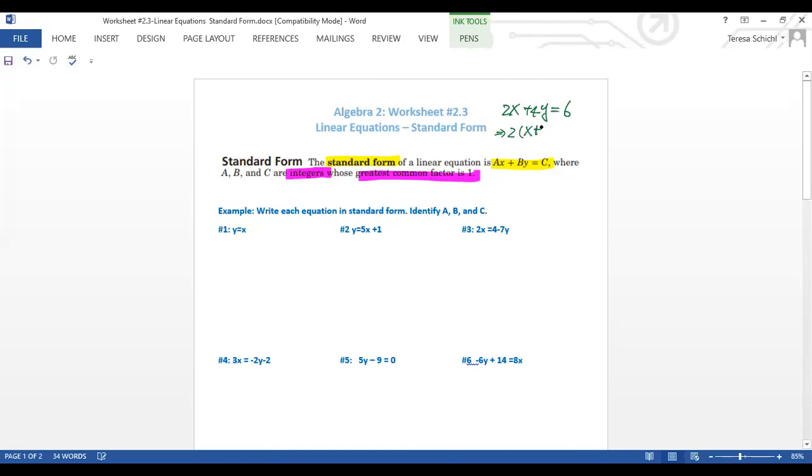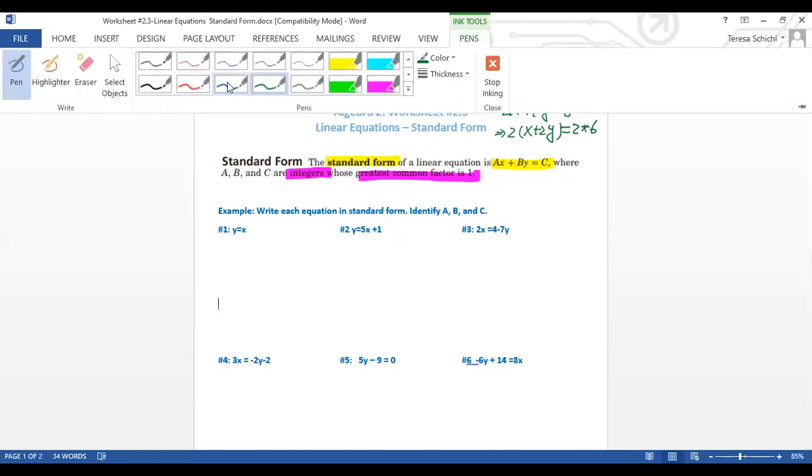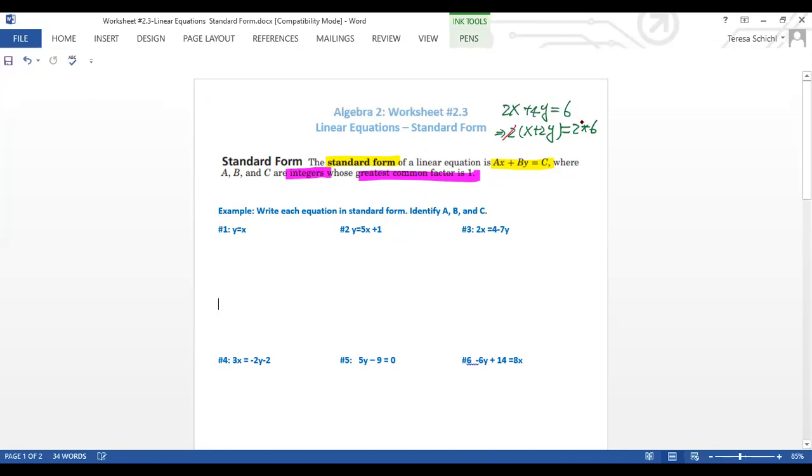So this is 2 times x plus 2y equal to 2 times 3, then I can cancel the 2. So my standard form will be x plus 2y equal to 3. You cannot have a common factor that you can factor out. That's why we say the greatest common factor is 1. You already reduced it to the lowest terms.